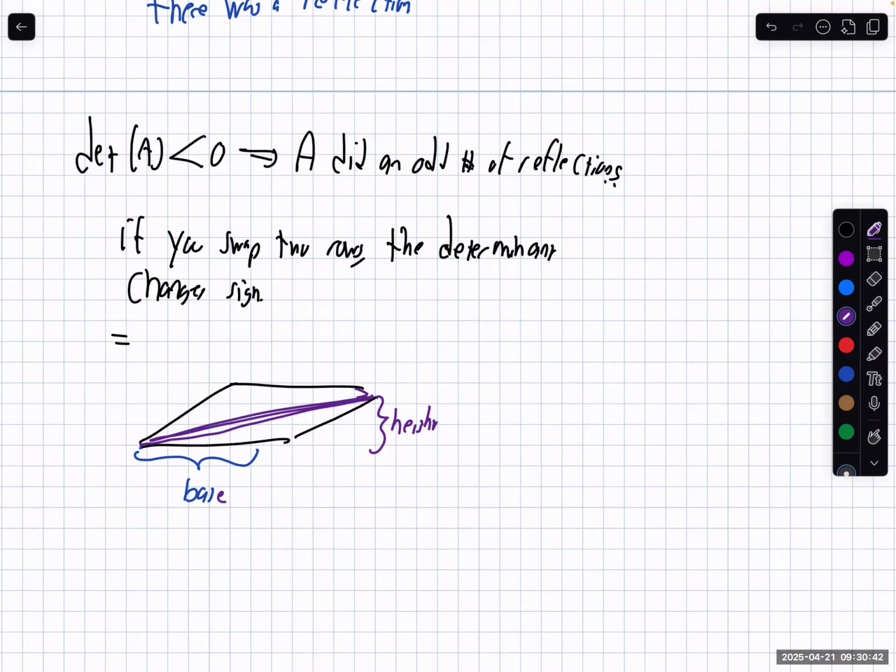The area of a triangle is 1/2 times base times height. There's two triangles. Area of a parallelogram is base times height.